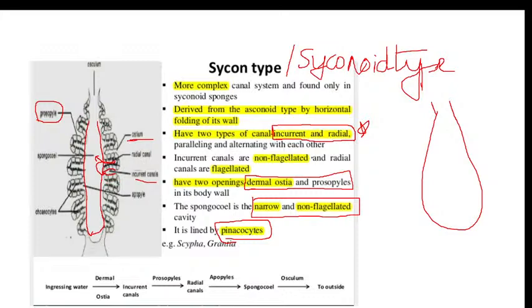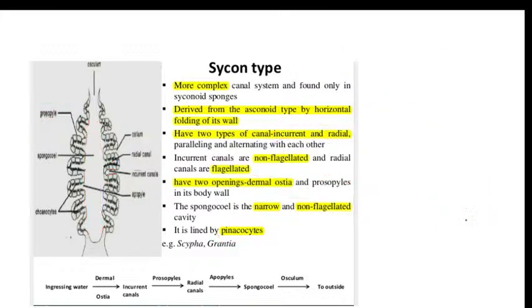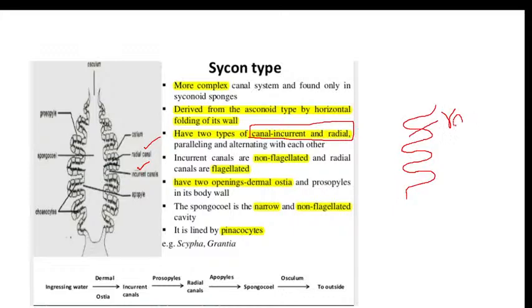The incurrent canal and radial canal are always parallel. This is the radial canal and this is the incurrent canal. Just look here. It will be like this, and this is the radial canal, and this is the incurrent canal.